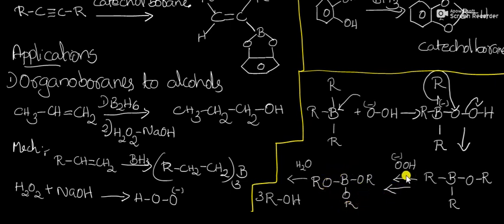This double arrow indicates the reaction proceeds with the same reaction mechanism. And finally we get this compound, and if we hydrolyze this compound, it will convert into alcohol, and it will be 3 moles of alcohol.